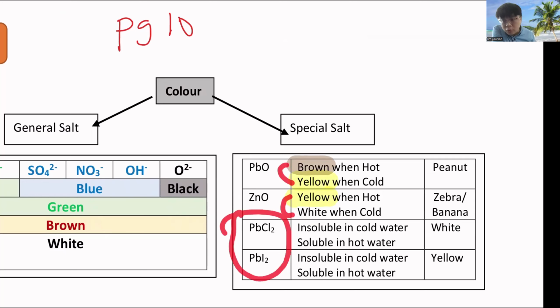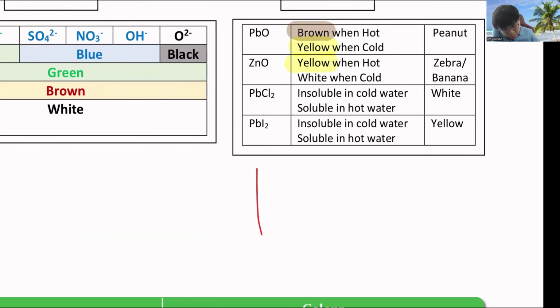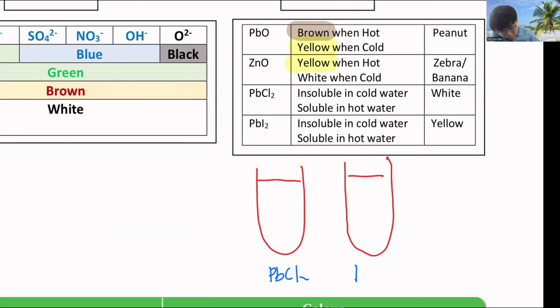Then these two are also very special, coming out frequently in exams. They can dissolve in hot water only. Let's say I have test tubes, one with PbCl2 and one with PbI2. When cold, you will see a white precipitate and a yellow precipitate. But when you heat the water, these two precipitates dissolve because they are soluble in hot water.